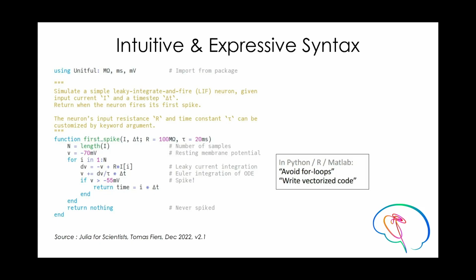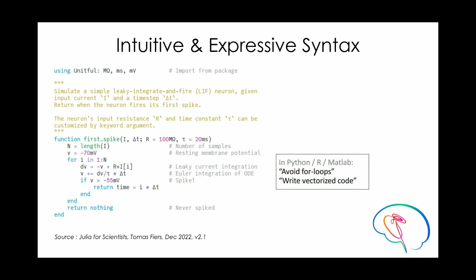So we can easily import this package, pick 3 units that we want to import from that package, and use those units immediately in our code, almost the same as we would on paper, right? You can see that R is equal to 100 megaohms. That's standard Julia syntax that the Julia compiler can read and a human can read very easily.